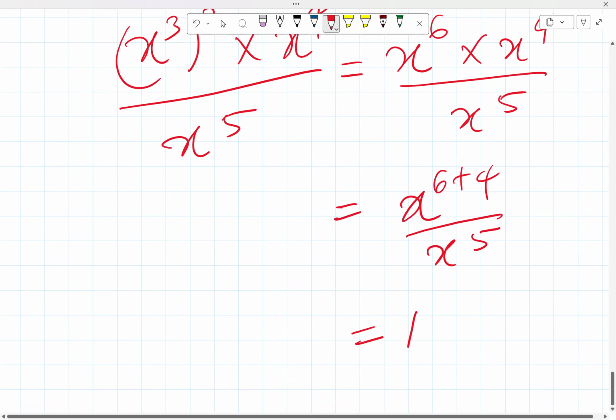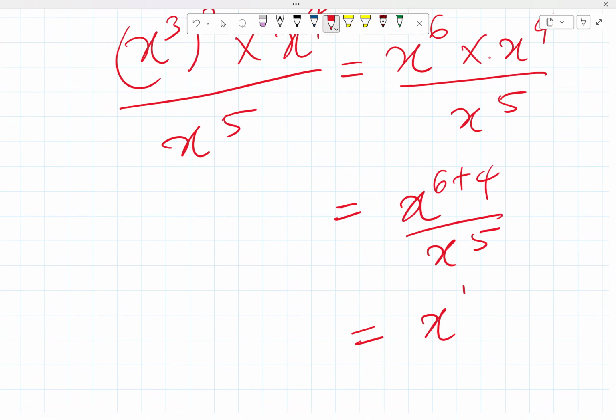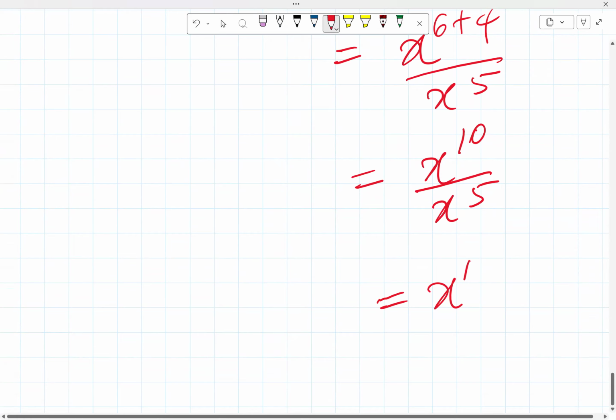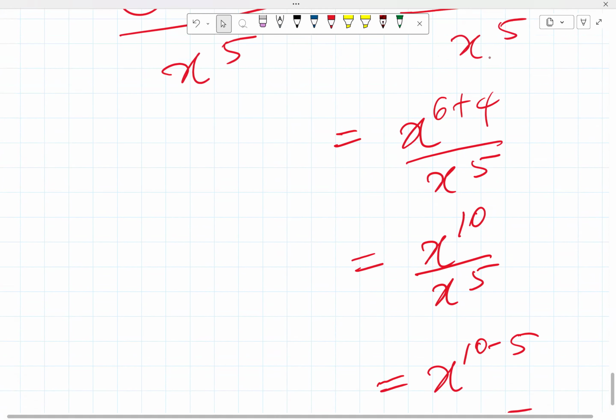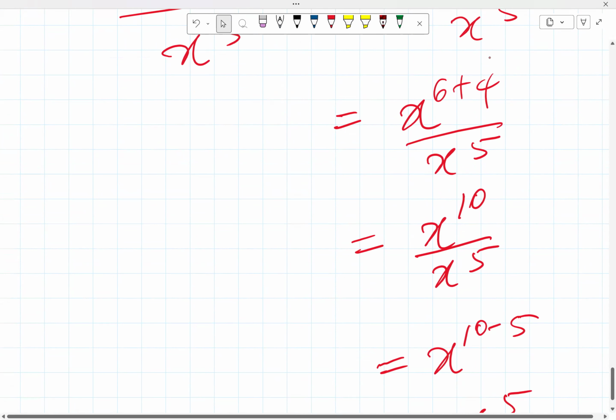So that is x raised to power 10 all over x raised to power 5. And then the final answer is x raised to power 10 minus 5, which is x raised to power 5. That is what we did just now.